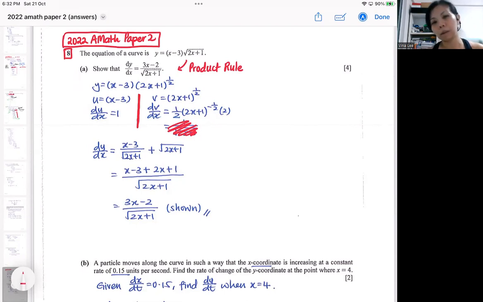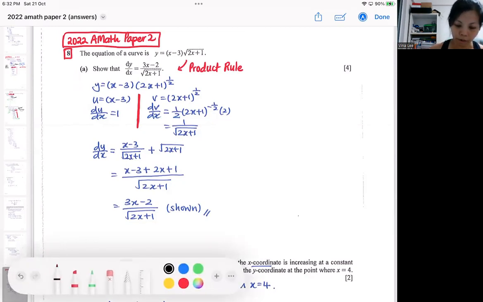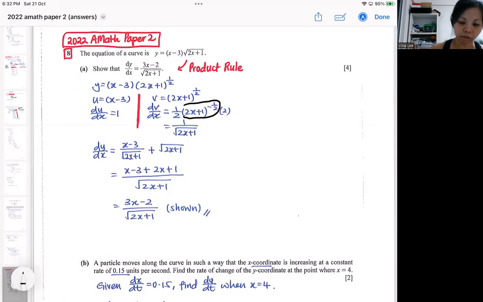Some of you may not be so good with negative power, and in the end you couldn't get back the format that you want. So the guideline is you don't simplify when the power is negative. You make sure you convert the negative power to fraction first.